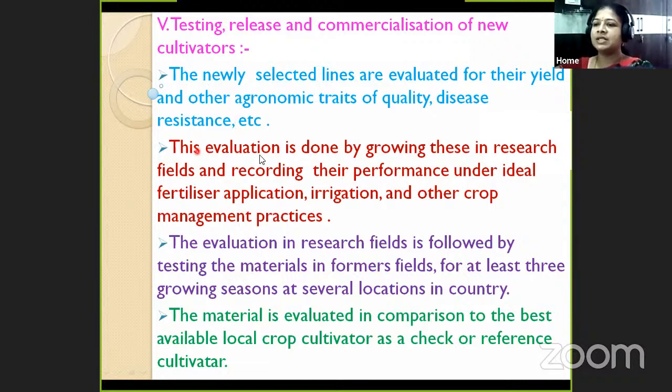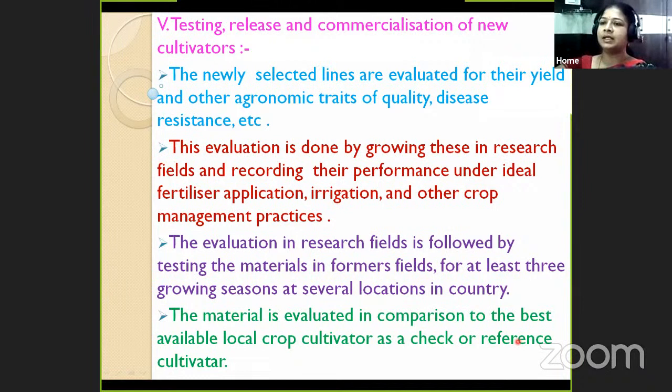This evaluation is done by growing these plants in research fields.